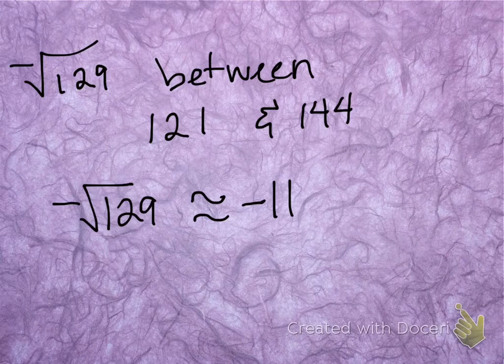Which one is it closer to? 129 is only 8 away from 121, but there's much more of a difference between 129 and 144. So it's closer to 121, and the square root of 121 is 11. The approximate value of the square root of 129 is 11, but we have that negative sign out front, so we attach it at the end. Our answer should be negative 11.